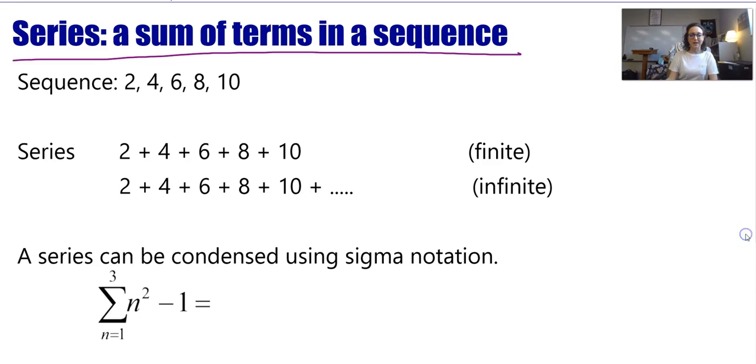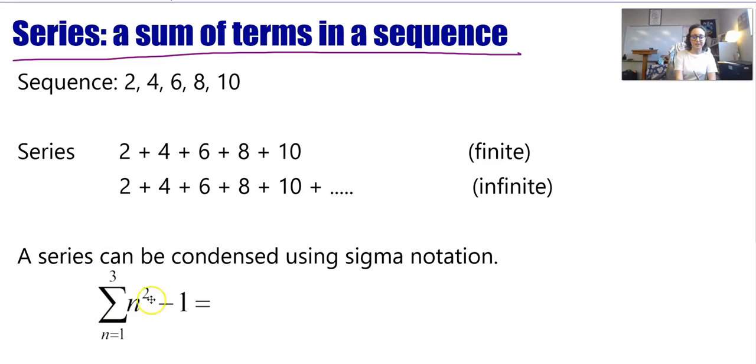We can write series using what's called sigma notation. So sigma is a Greek letter, S like sum. First, pause on the screen, go ahead and write the expression I have here. All right, so what this means is this letter n that you see on the bottom here is what's called your index, okay?